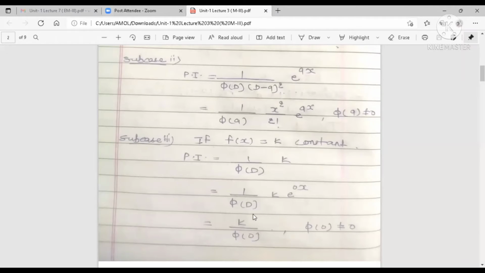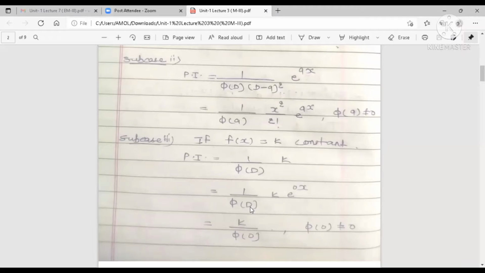Why are we replacing D by 0? Because when there is a constant function, we assume here e to the power 0x. The value of e to the power 0x is 1. So we can assume here e to the power 0x. And it is an exponential function, and the coefficient in the exponential function is 0.